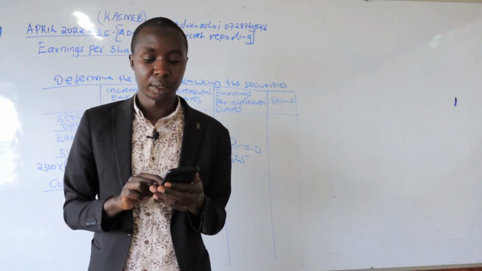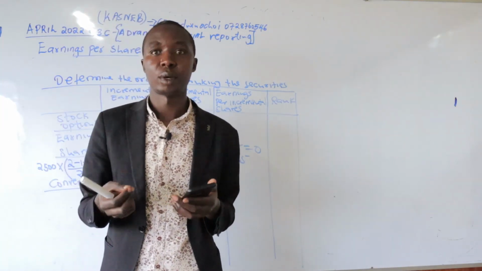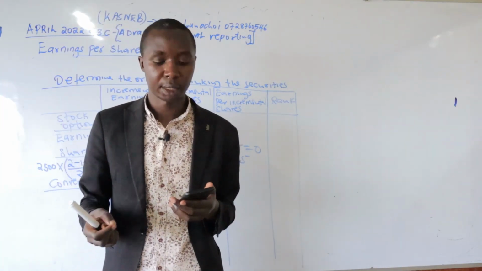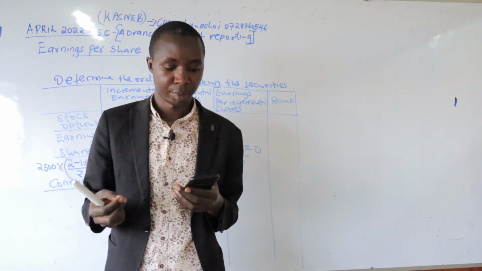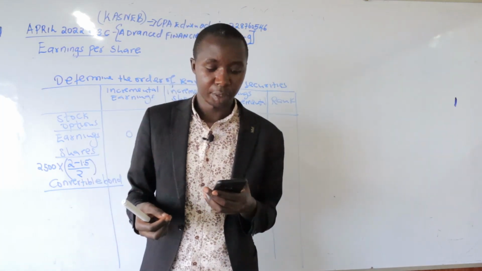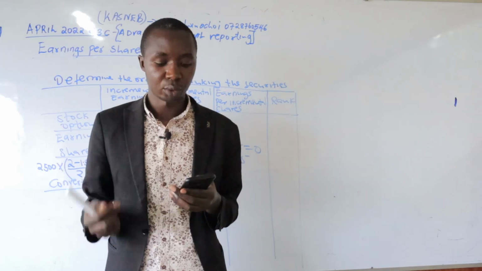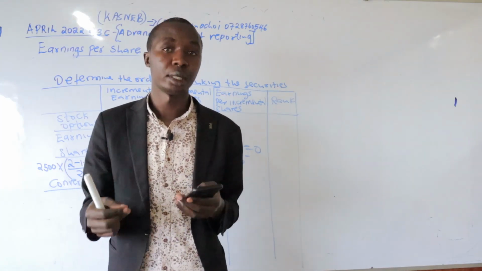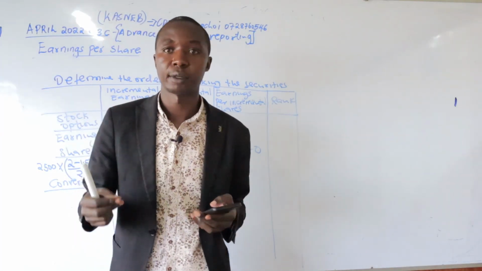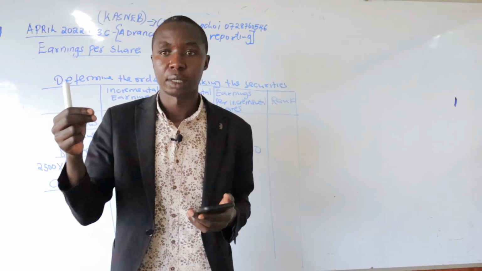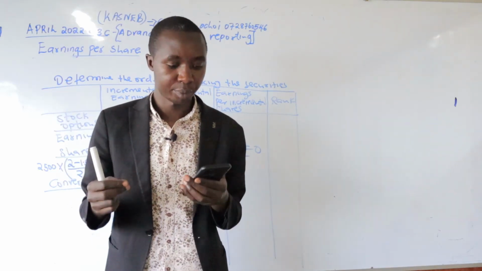If this bond is converted to ordinary shares, obviously we have to include those ordinary shares in computing the basic earnings per share. If there is no conversion, then we assume conversion took place in order to compute the diluted EPS.